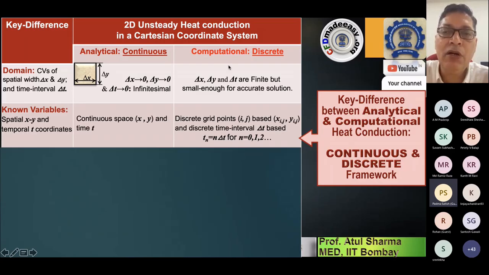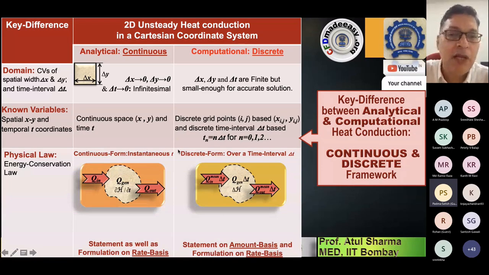Whereas in the computational approach, you take delta x, delta y as finite, but small enough for an accurate solution. In the analytical approach, you take the spatial and temporal coordinates as continuous. In the computational approach, you take them to be discrete, like a pixelized representation.